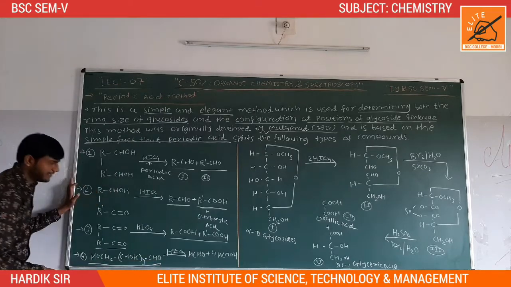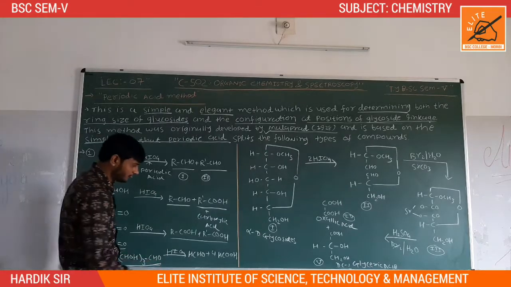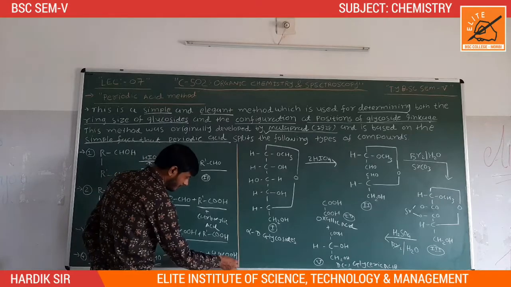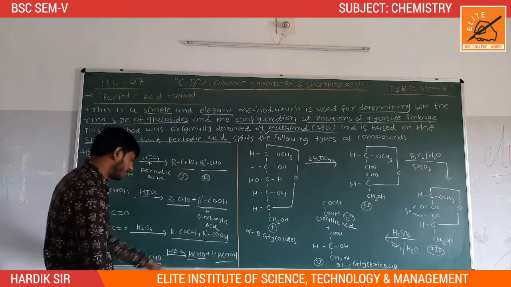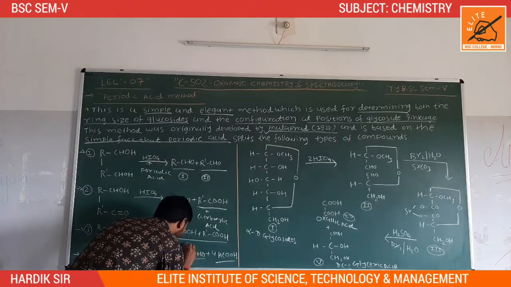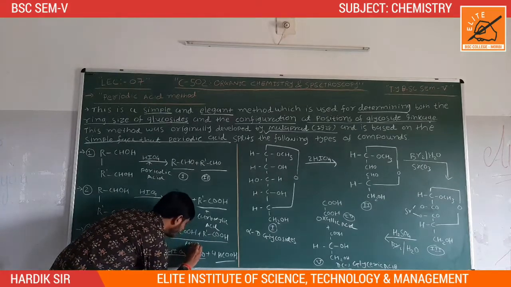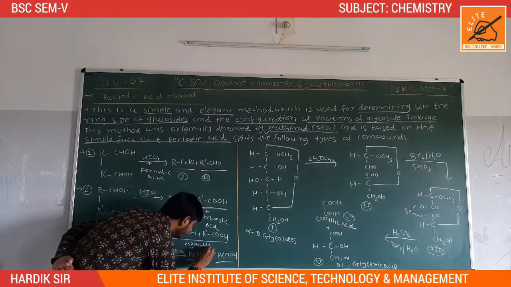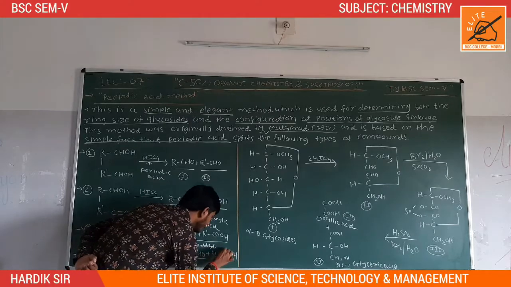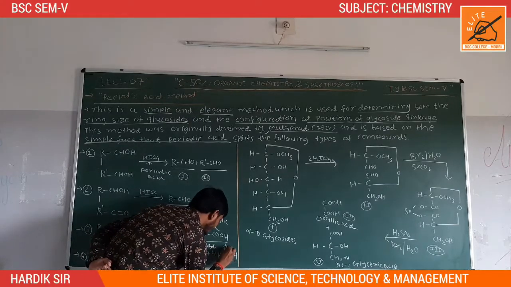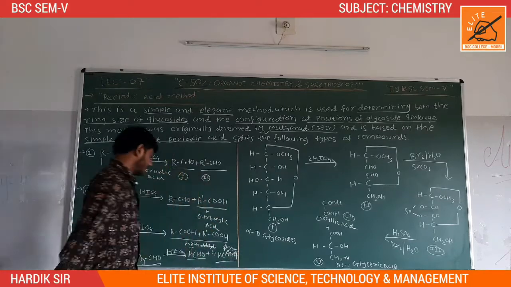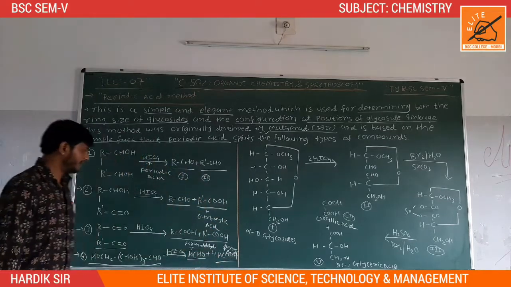This type of compound reacts with periodic acid to form formaldehyde and formic acid. This is the formaldehyde and this is the formic acid.